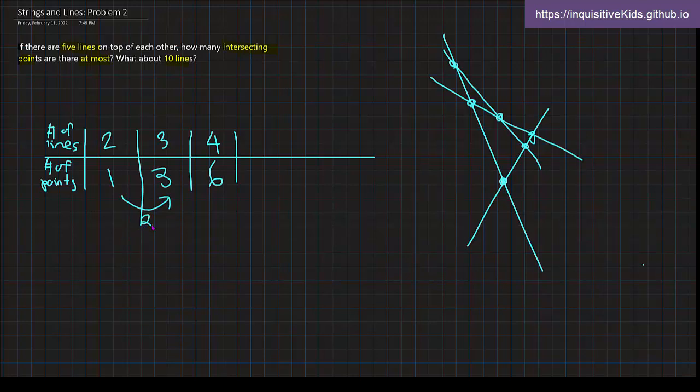Well, maybe it's increasing, so it has to be either multiplication or division, but it's not multiplying by anything. So this would be plus 2. Then this is plus 3. So the pattern is actually a bit interesting. It's plus 2s, plus 3s, plus 4s, plus 5s.